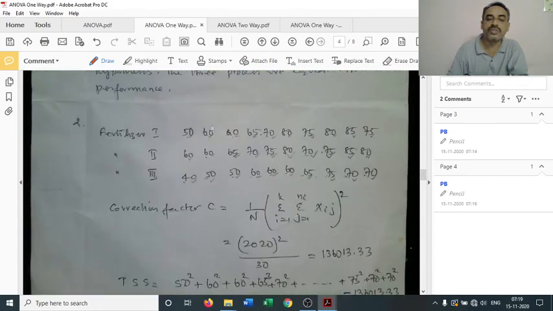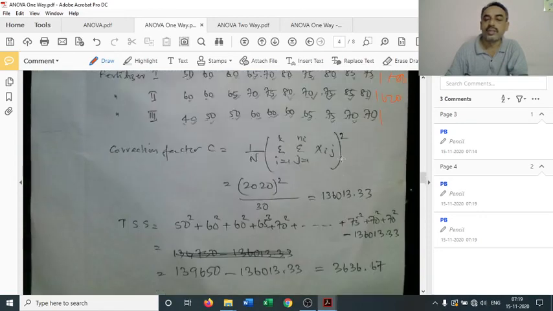That is the sum of the first row, 700. So here it is 700, and next is 620, and the last row is 600.